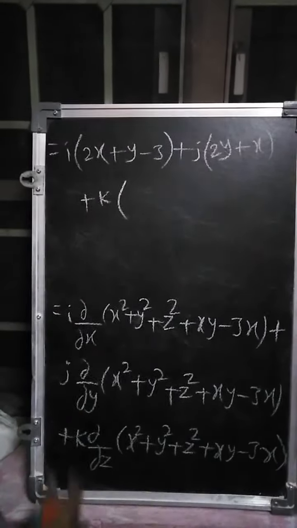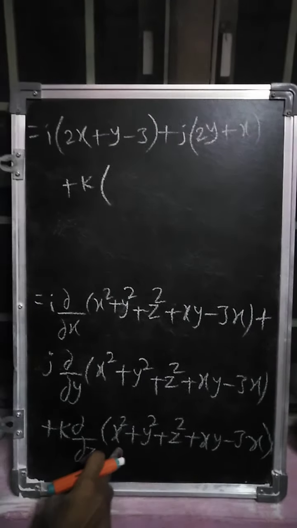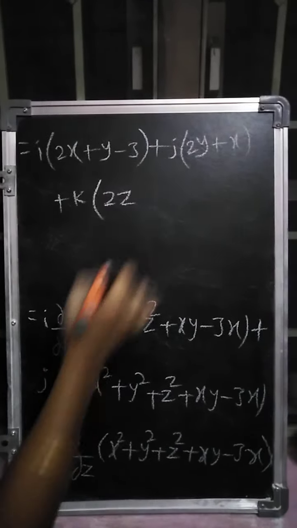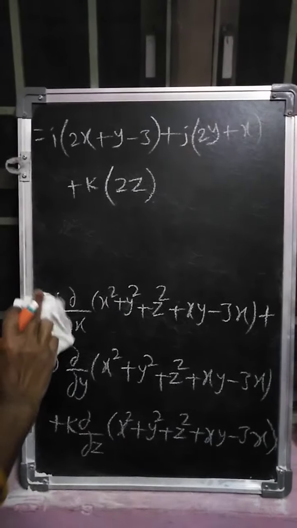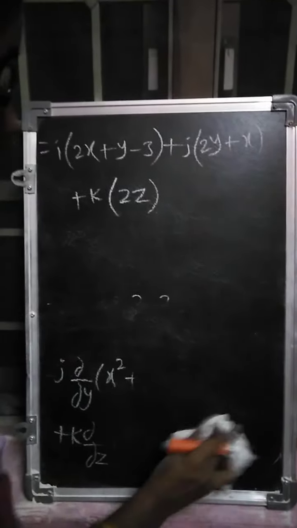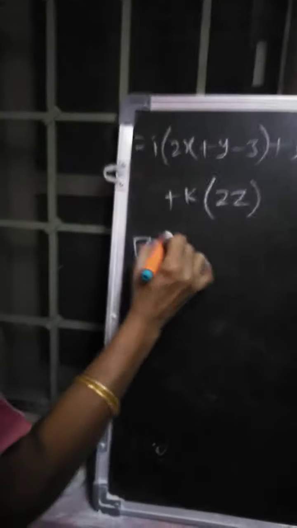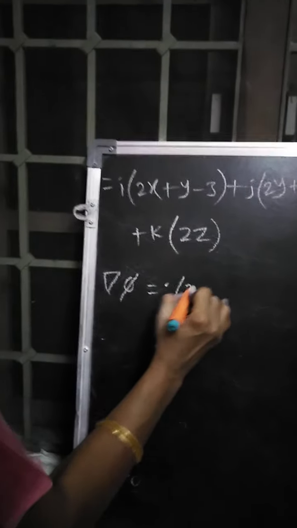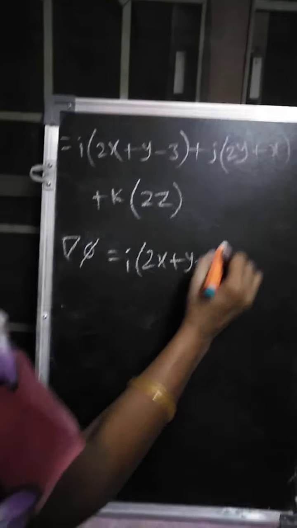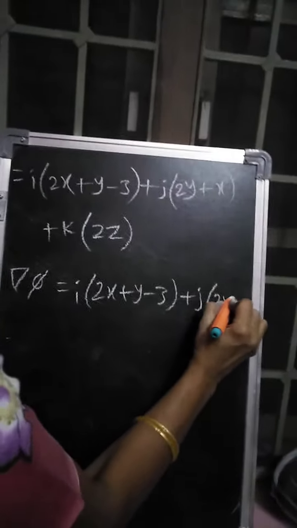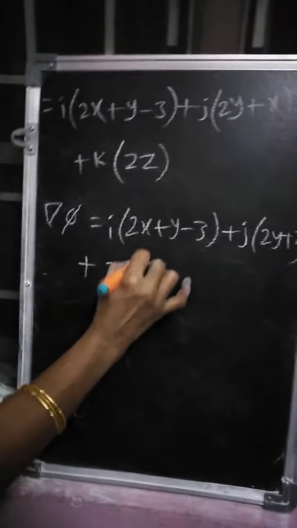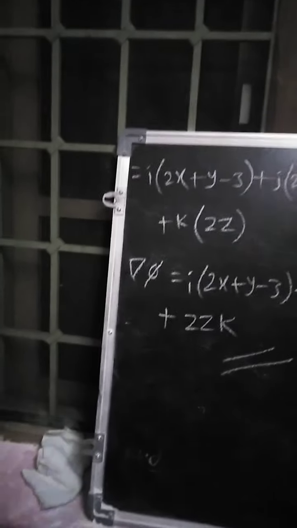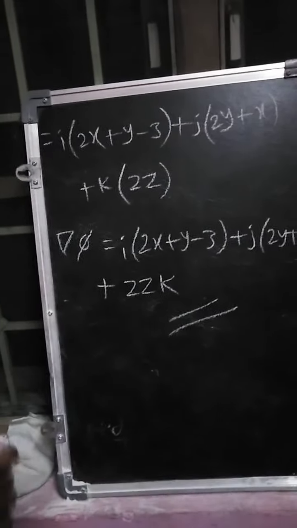Plus k into, with respect to z, 2z, and the remaining terms give nothing. So this is the value of grad phi. So grad phi is equal to i into (2x plus y minus 3), plus j into (2y plus x), plus k into 2z. Okay, this is the grad phi.